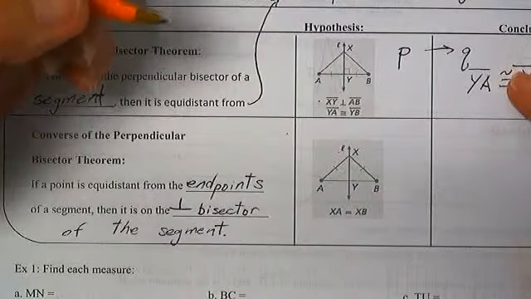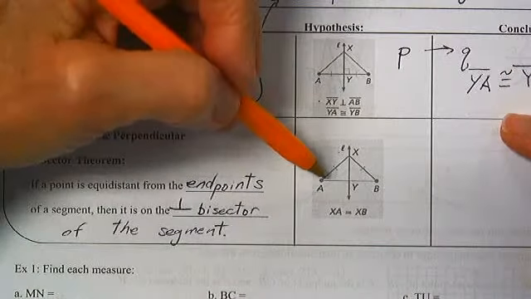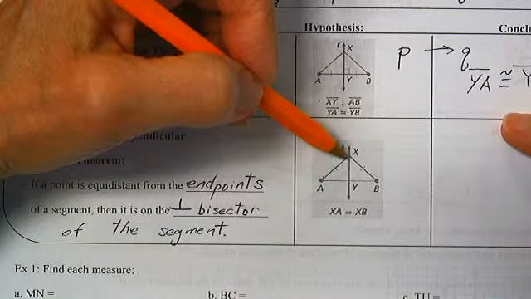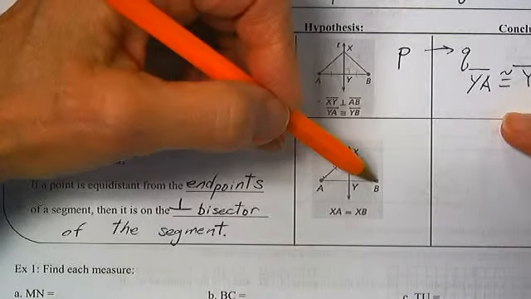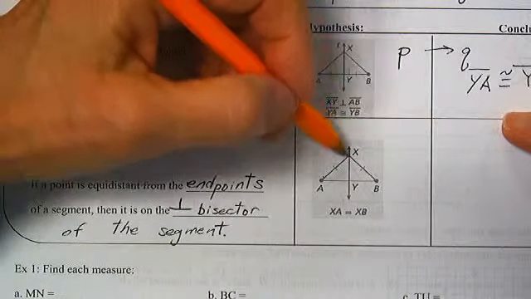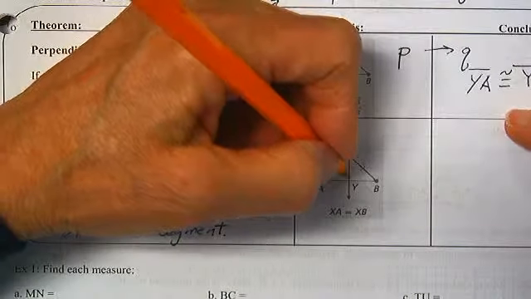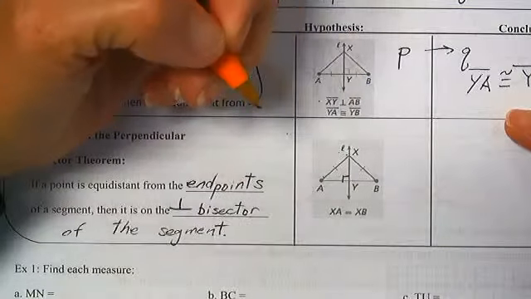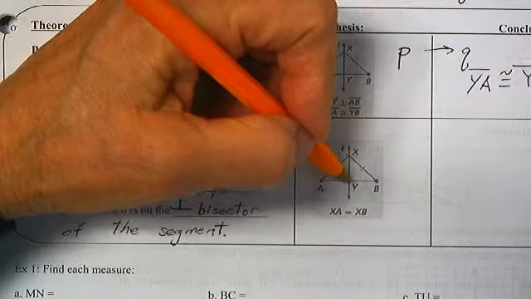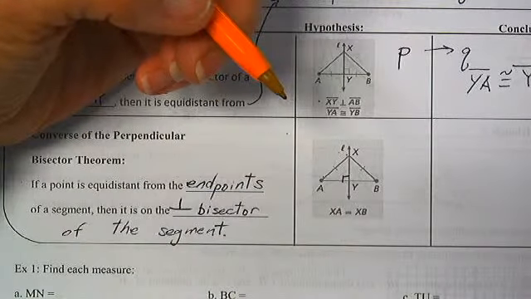So, if AX is congruent to XB, then X is on the perpendicular bisector of the segment, and so is Y.